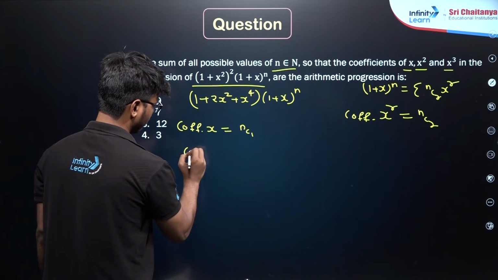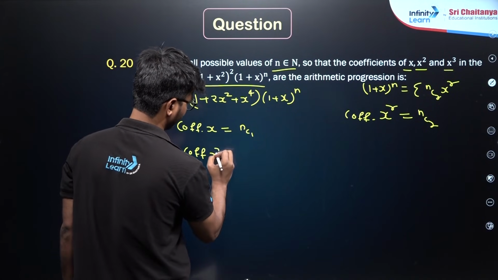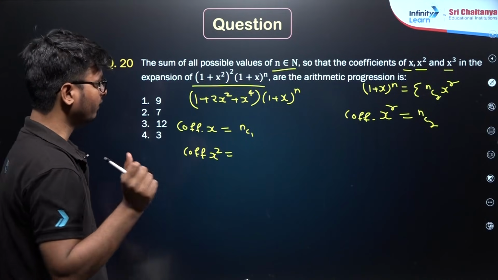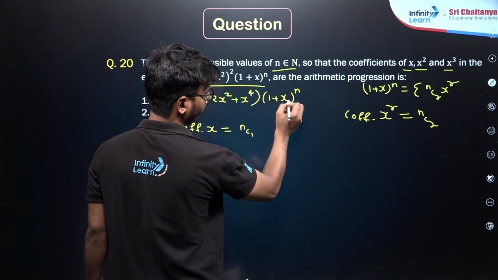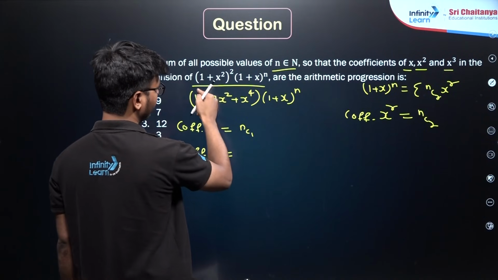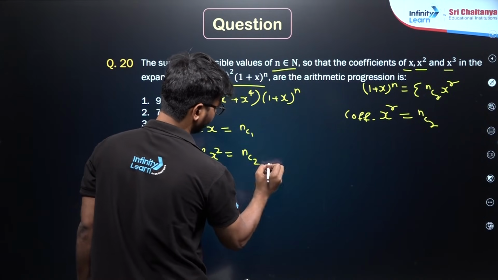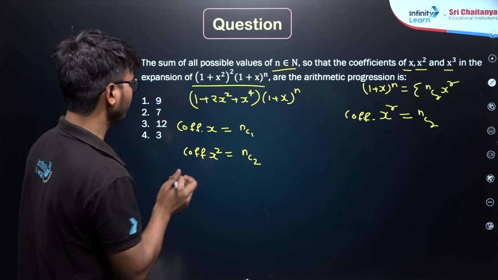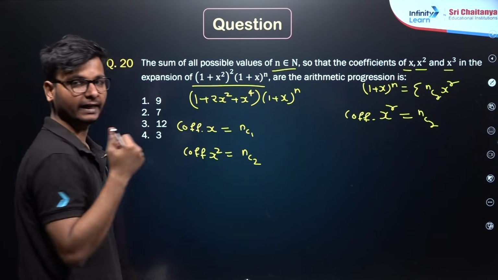No. Now the coefficient of x square. How am I going to get the coefficient of x square? If you observe that here we are going to have x square and that x square gets multiplied by this term, so we are going to have nC2. And if this 2x square I am going to multiply by this 1, so I am going to get again x square.